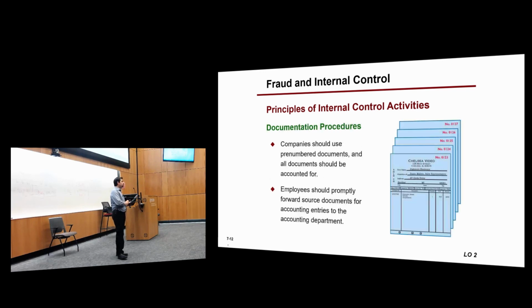Then you have documentation, like invoices. When you send invoices to your customers, they should be pre-numbered. They should all be accounted for. Same thing when it comes to, for example, checks. They should be pre-numbered, all accounted for. Because otherwise, what if you have a missing invoice?